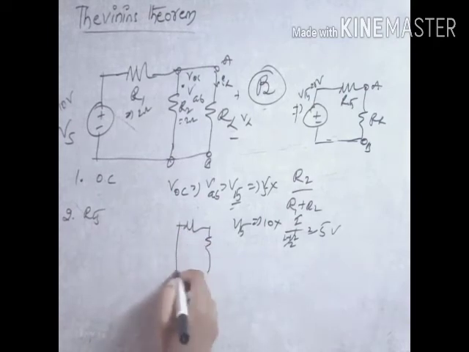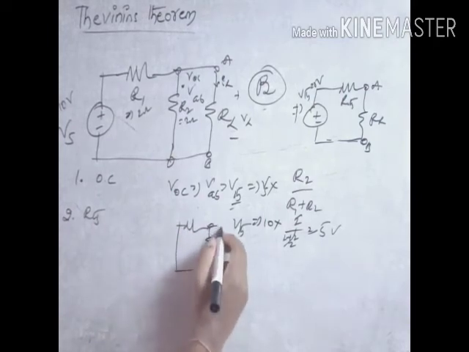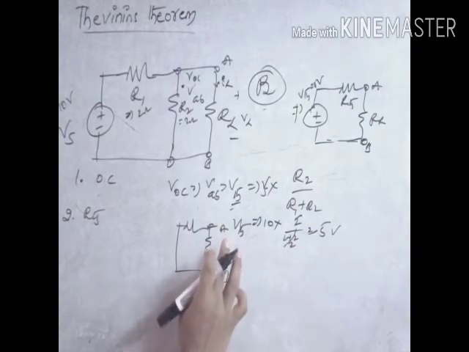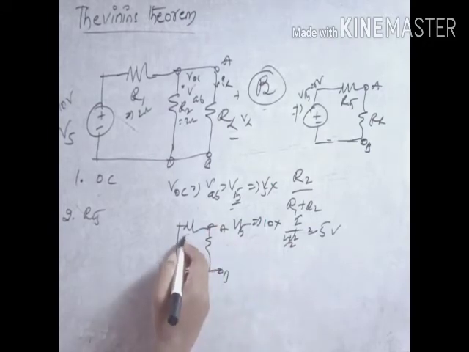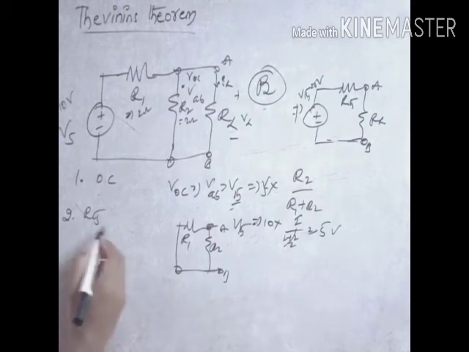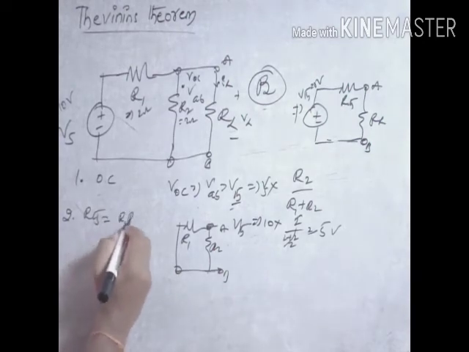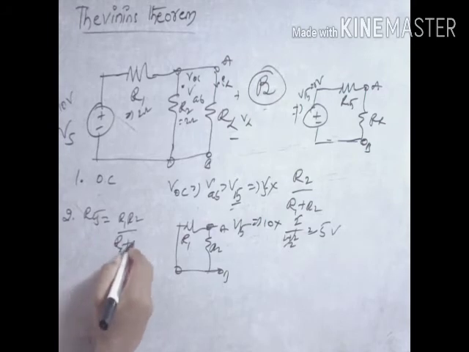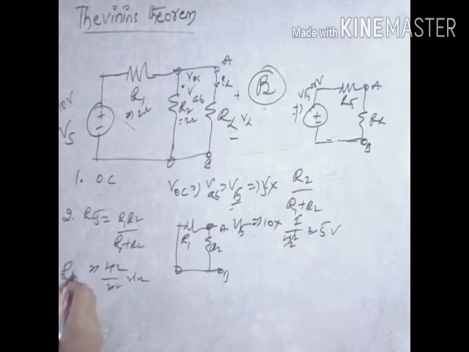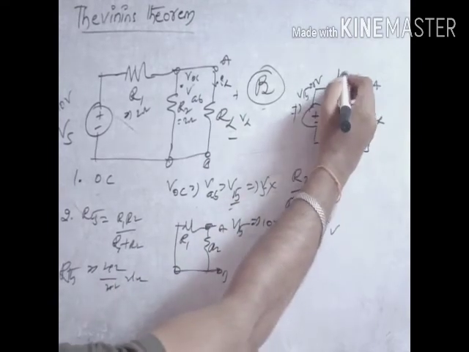Already there is an RL resistance, but it is ignored, not open circuited. So R1 and R2 are in parallel combination, because one end of each and the second end of each are connected together. R Thevenin equals R1 R2 by R1 plus R2, 2 into 2 by 2 plus 2, which is 1 ohm. So R Thevenin is 1 ohm.